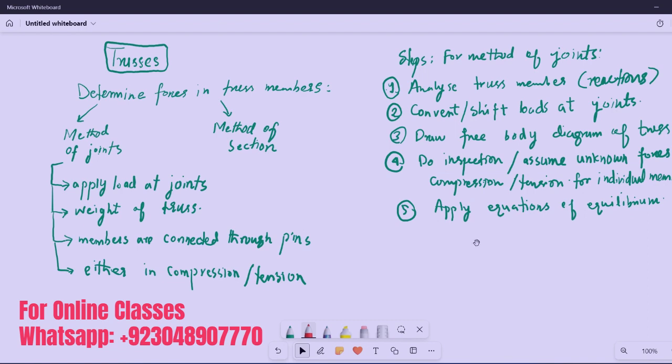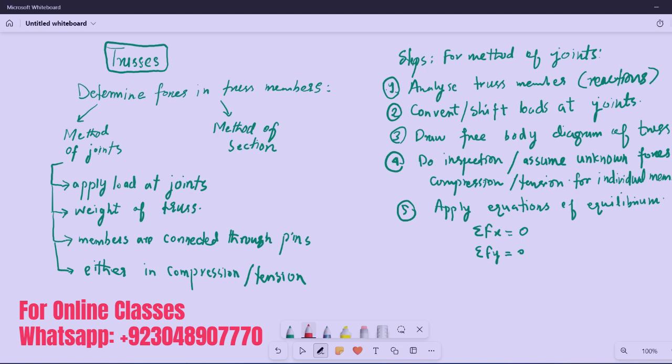In the equations of equilibrium, we usually apply two equations. The first one is the sum of all forces along the x-axis would be 0, and the sum of forces along the y-axis is going to be 0.